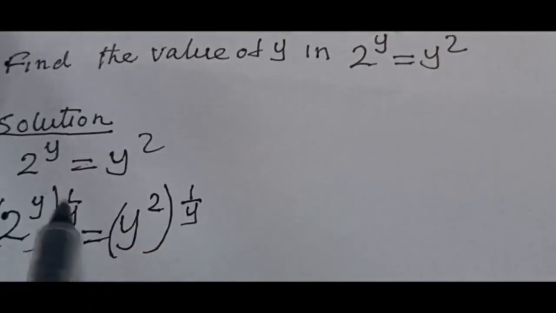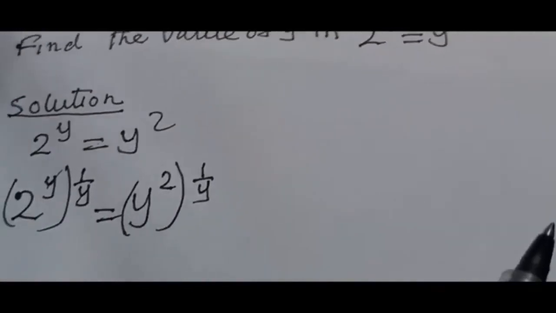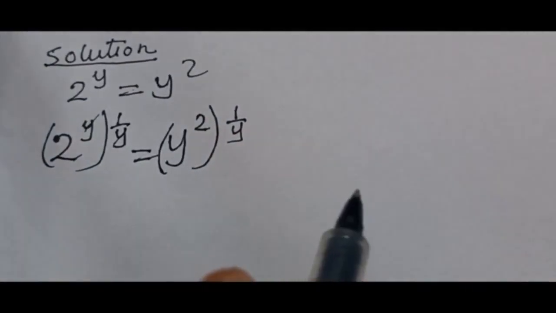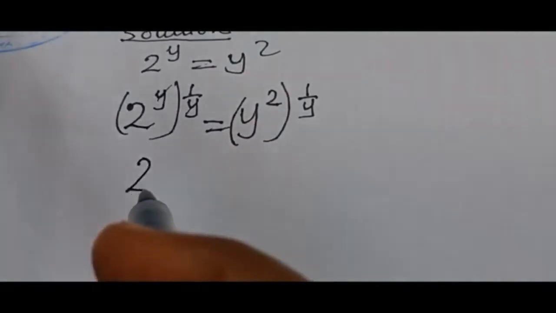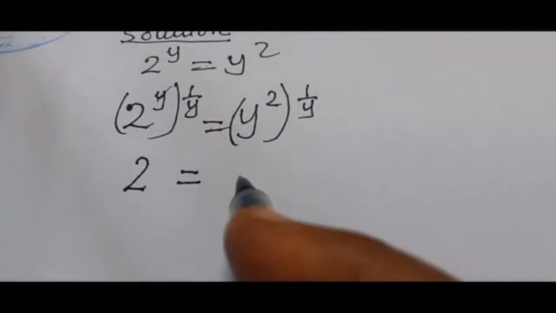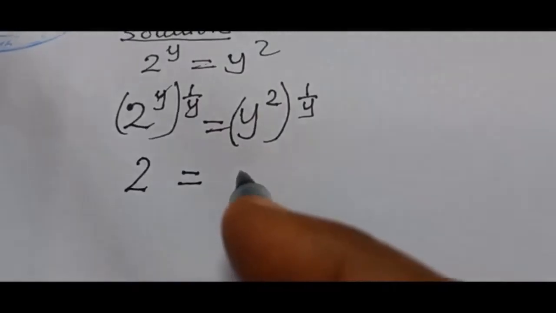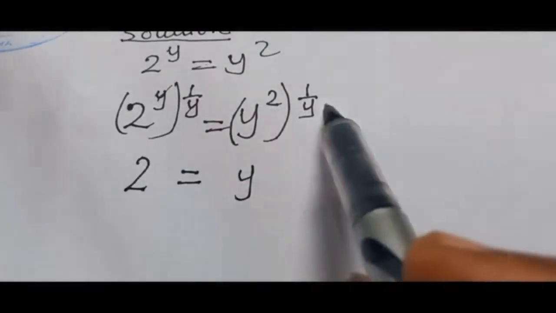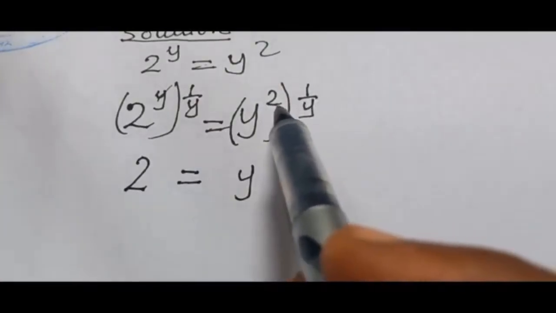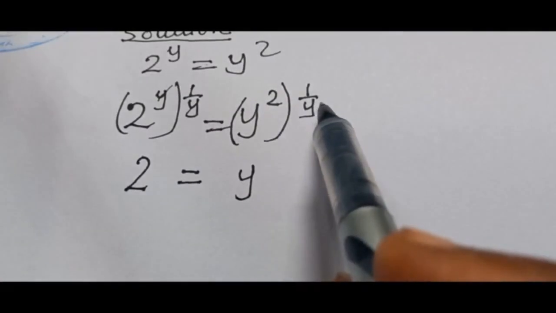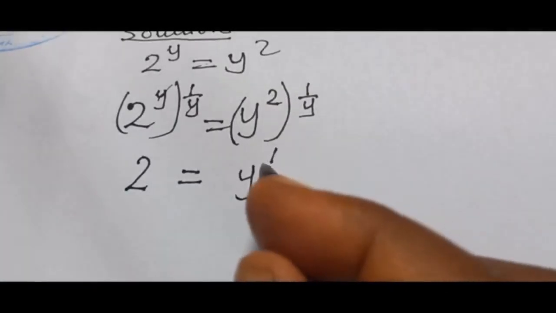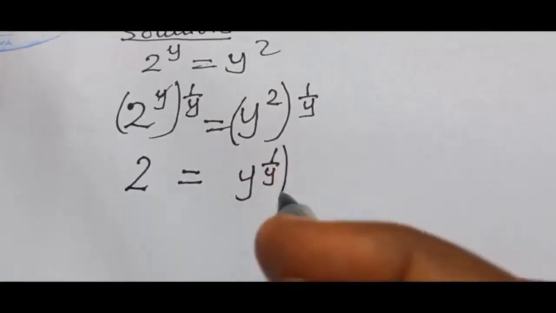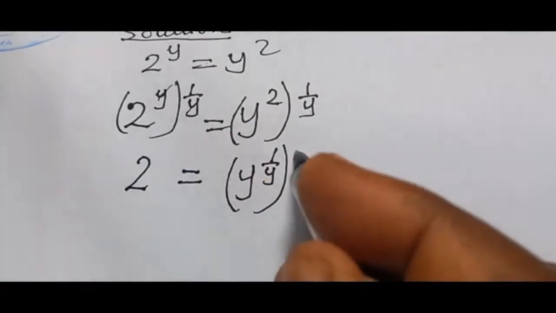This y cancels with this one, so in our case here we remain with 2 equals y. In this case, we interchange the exponents. The one which is inside goes outside, the one which is outside goes inside. So we have y raised to 1 over y in the bracket raised to 2.